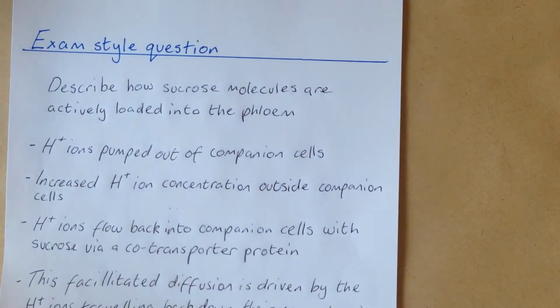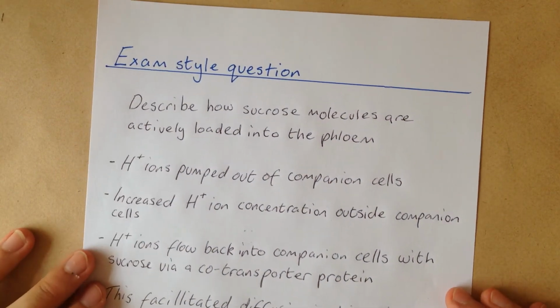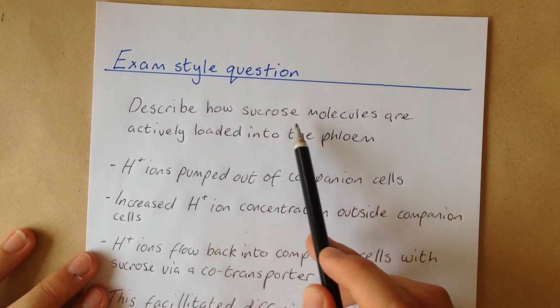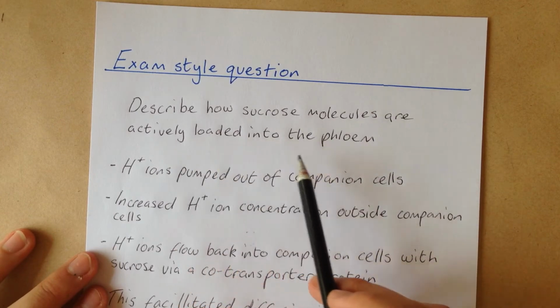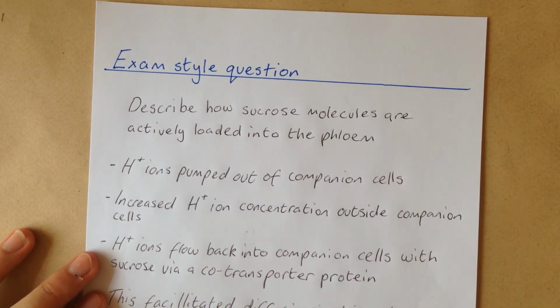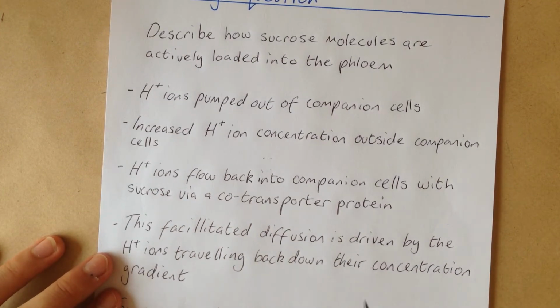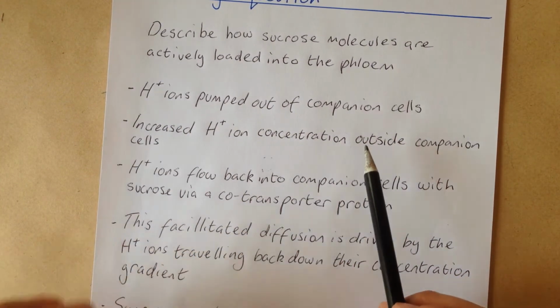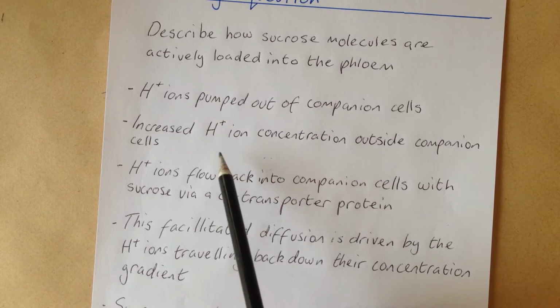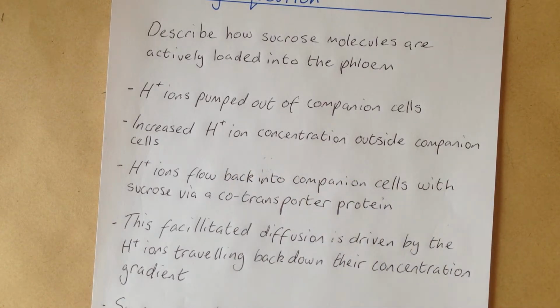Another question may ask you to go into a bit more detail. So, describe how sucrose molecules are actively loaded into the phloem. And so we've been through this example, and there's many things you can say. So hydrogen ions pumped out of the companion cells, an increased hydrogen ion concentration outside the companion cells, which means the hydrogen ions can then flow back into the companion cells down their concentration gradient via a co-transporter protein.